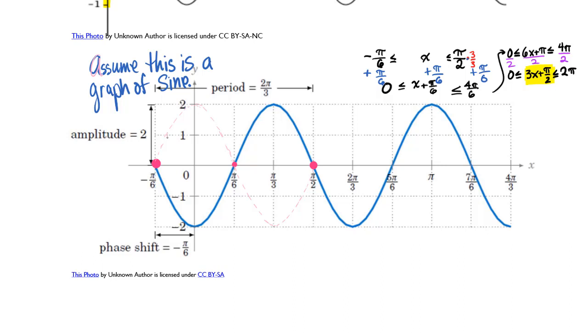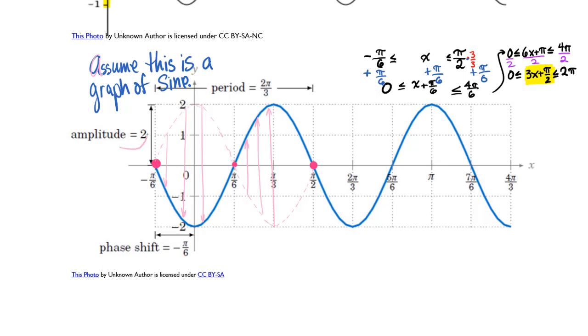So if it's been flipped vertically, so all my positive y's become negative y's, and all my negative y's become positive y's for all these coordinates, that means that we have multiplied the function by a negative number.